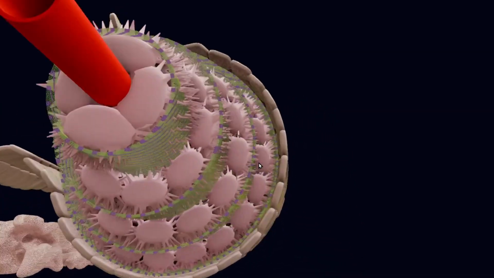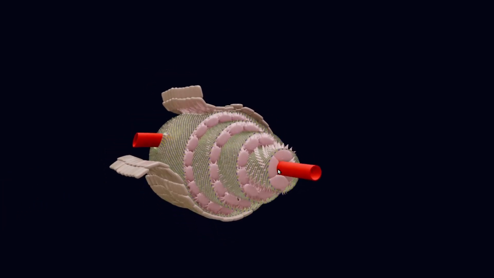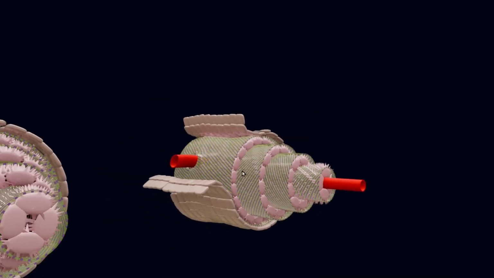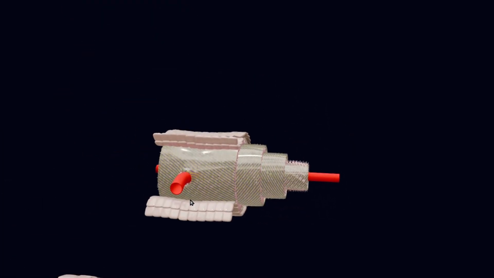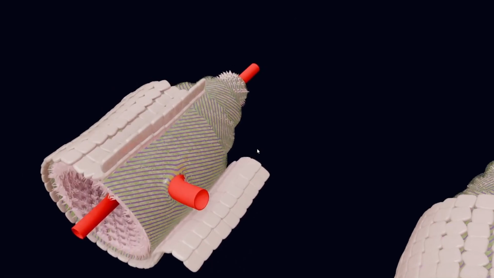So here we have these special canals called Haversian canals, and within these Haversian canals, blood vessels are there. The arteries as well as veins as well as some nerves are there, and these are interconnected with the other ones that I will show you later.